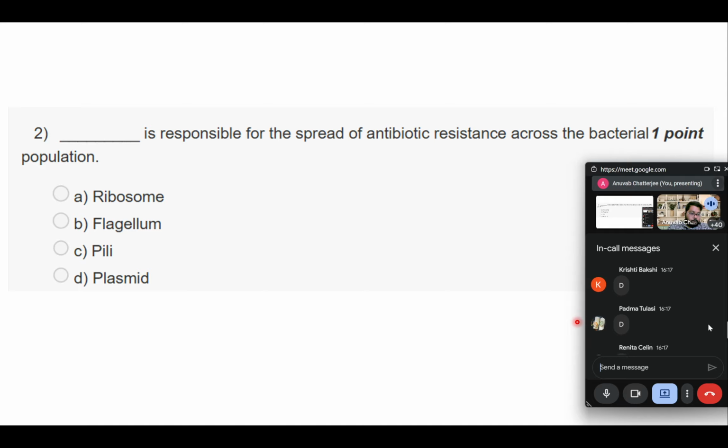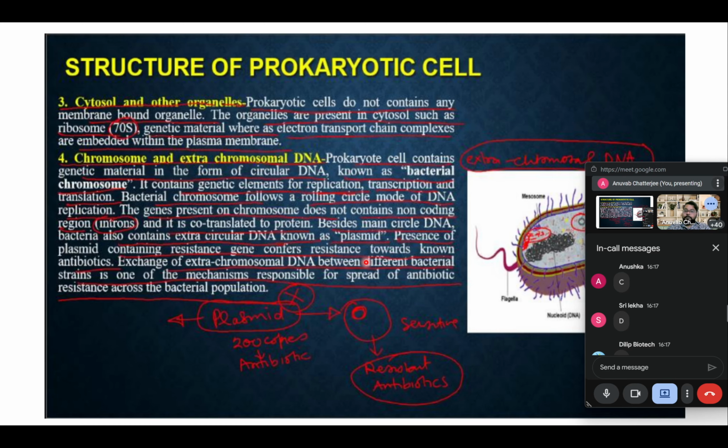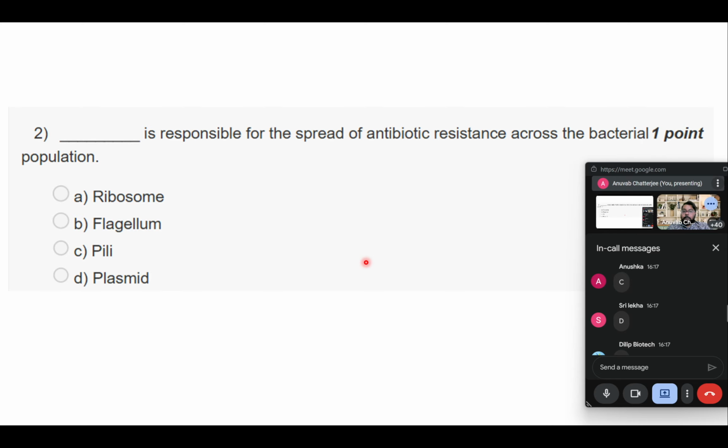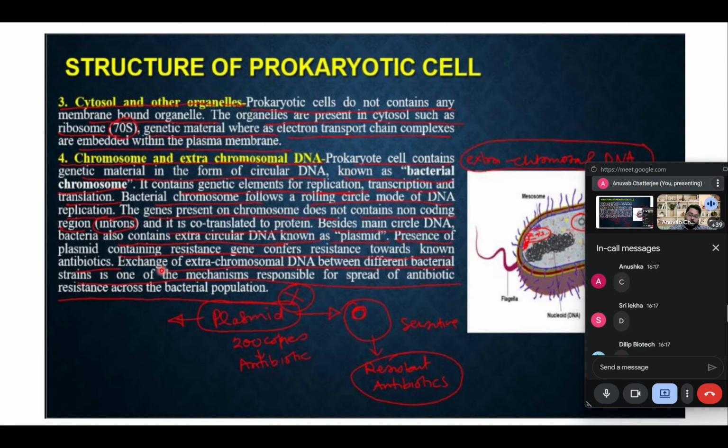Okay, so let me look at it, and most of us have answered it as D, plasmid. Okay, so let us look at it. So what exactly is antibiotic resistance and what exactly are all of these? So the answer is going to be plasmid as most of you have pointed out.